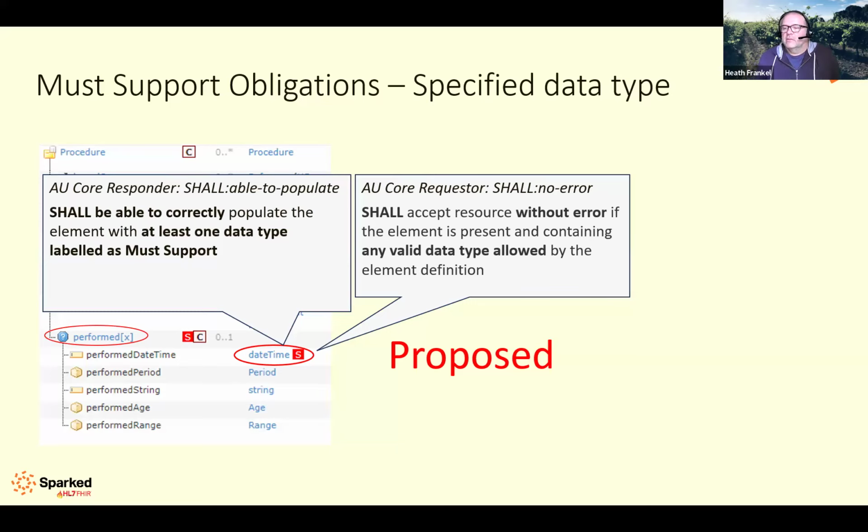All right, Danielle, you want to go with your straw man? I want to ask, in AU Core R1, can I ask people to raise their hand if they're interested in must support on date time, or must support on a specific combination of data types like this on performed?